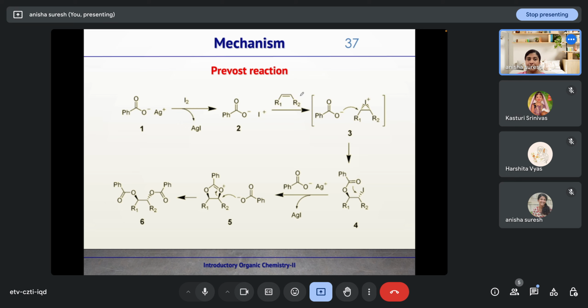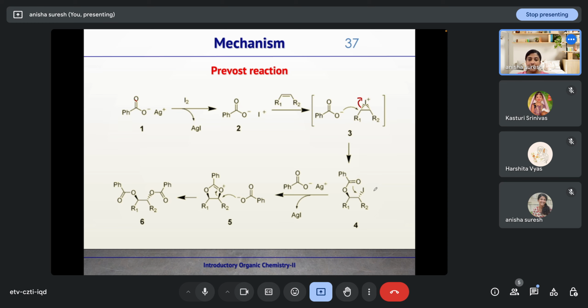So this alkene will form iodonium ion with this iodine. Then this benzoate can attack on this position and it will open up this iodine. So here the attack will be in SN2 fashion, so we will be getting this intermediate 4.